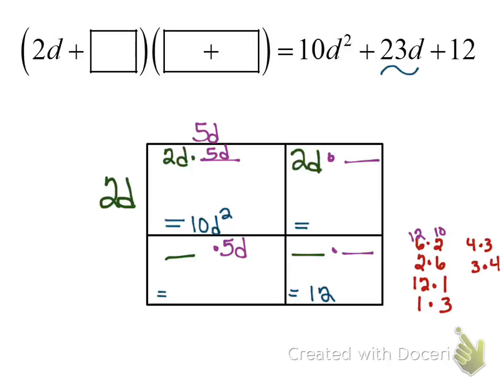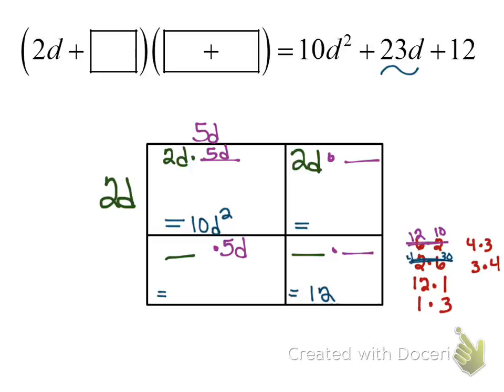If I add them together, does that get 23? Nope. So it can't be that one. Okay, so I'm going to go down to my next factor pairs. 2 times 2. 5 times 6. 30 plus 4. Too many. Okay, keep going down my list.